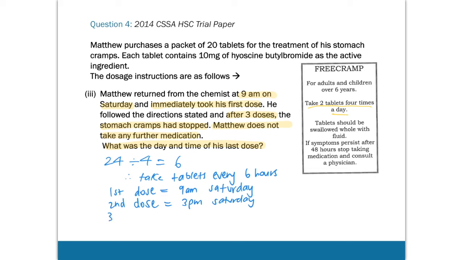Then third dose, plus another 6 hours. So 3 p.m. plus 6 hours is 9 p.m. on Saturday. So therefore, he only took up to 3 doses. So the date and time of his last dose was Saturday, 9 p.m.